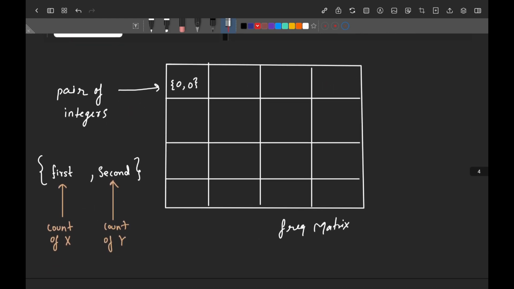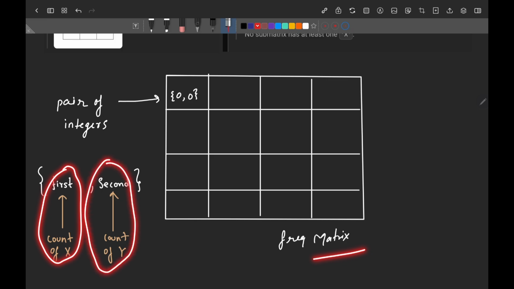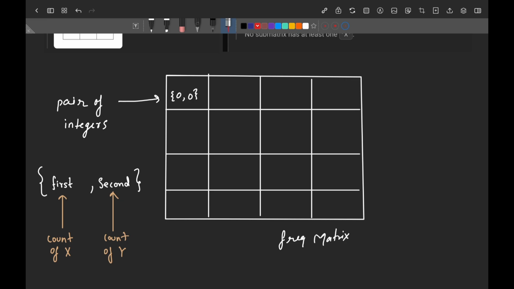First, we create a 2D array called frequency. This will store pairs of numbers. The first number counts the number of x so far and the second counts the number of y so far. Now we go through each cell in the grid and update the frequency array.